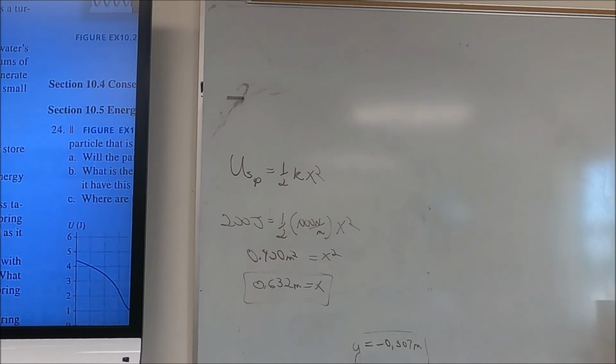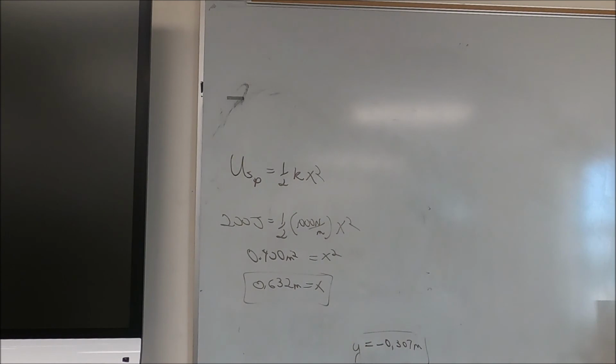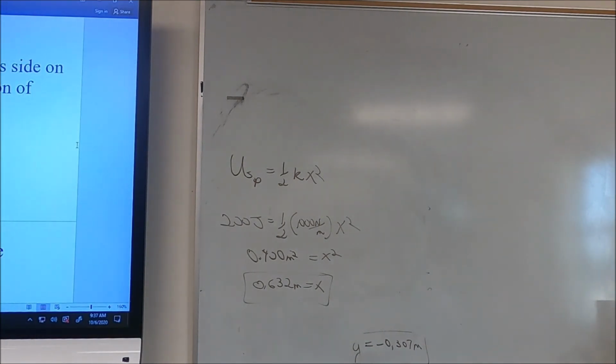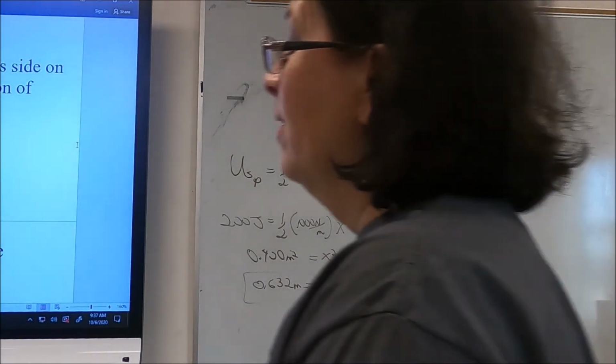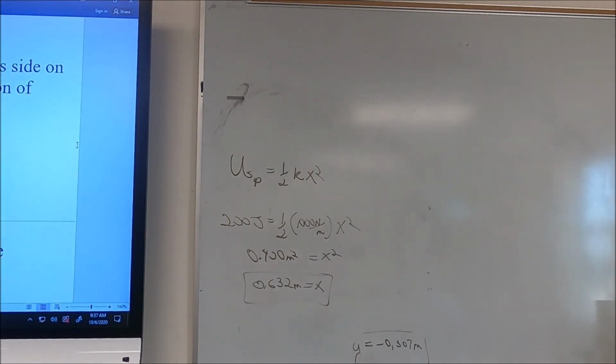All right? So if I have a mass spring system where the spring is either attached to one side of a mass or it's sitting against a mass, if you think about it, if I had a mass there just sitting against the spring, what we can say if we're on a flat surface is the kinetic energy initially plus the spring potential energy initially has to equal kinetic final plus spring final.